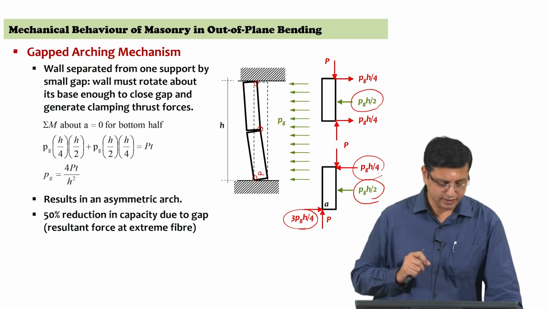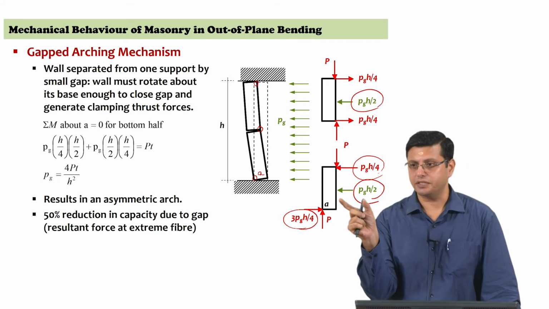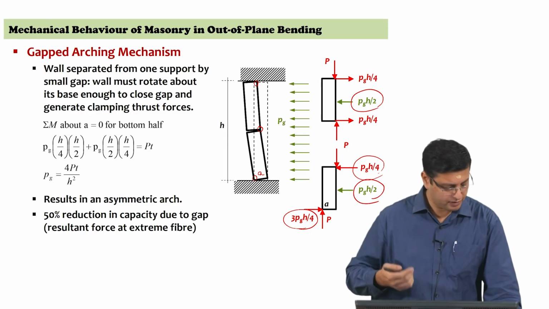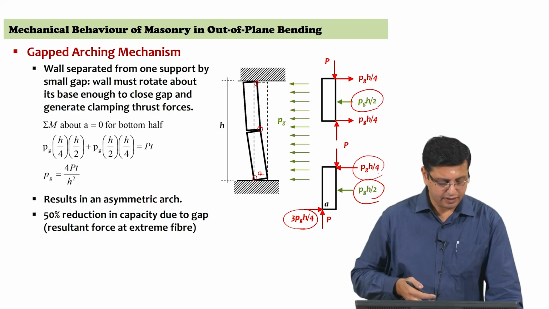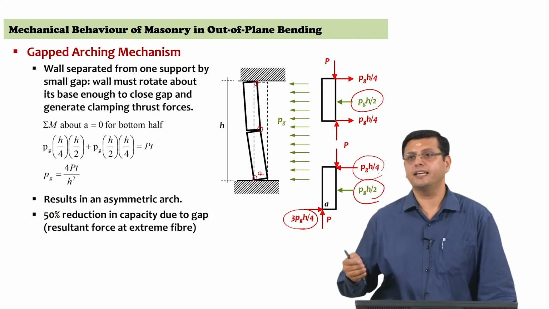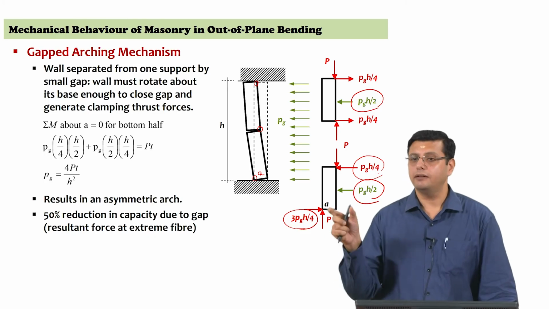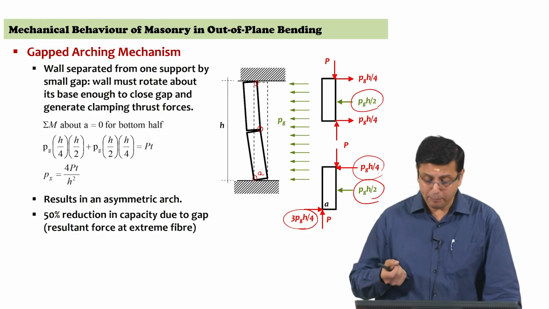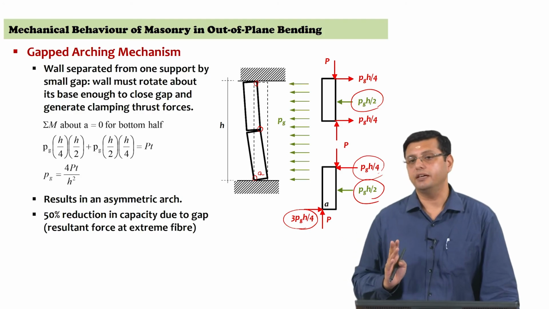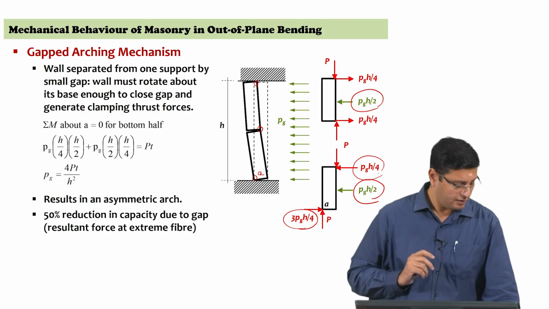So, this is another assumption, but plastification of the cross section is actually to be expected, but this simplified assumption tells us that if you have gapped arching, and beyond the gap if you are able to mobilize clamping, then a 50% reduction is what you would see if there is a gap, right.